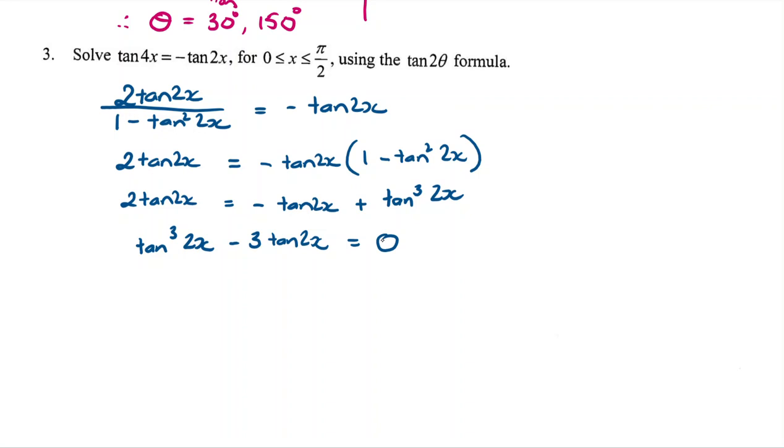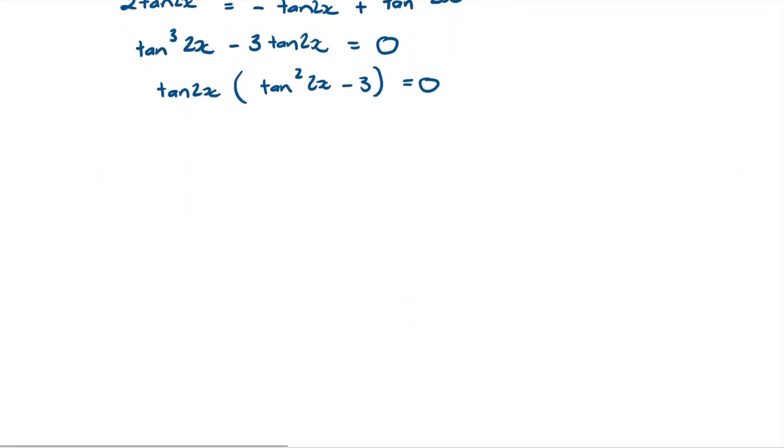Okay, so then I'm going to factorize out a tan 2x, which will give a tan squared 2x minus 3. From the front of the bracket, either the tan 2x equals 0, or from inside the bracket, the tan squared 2x equals 3.